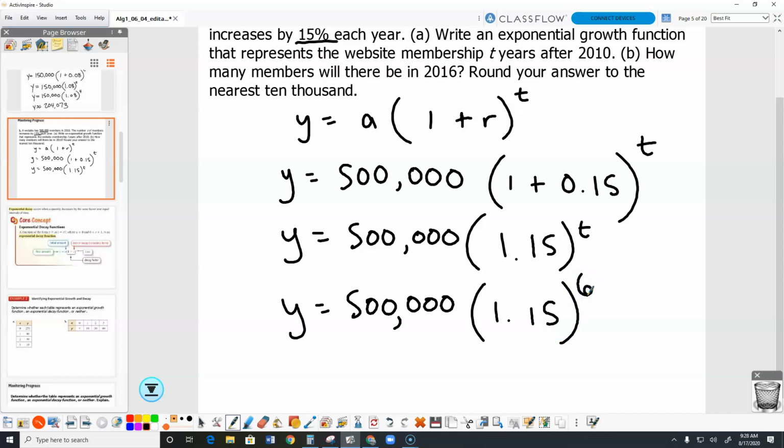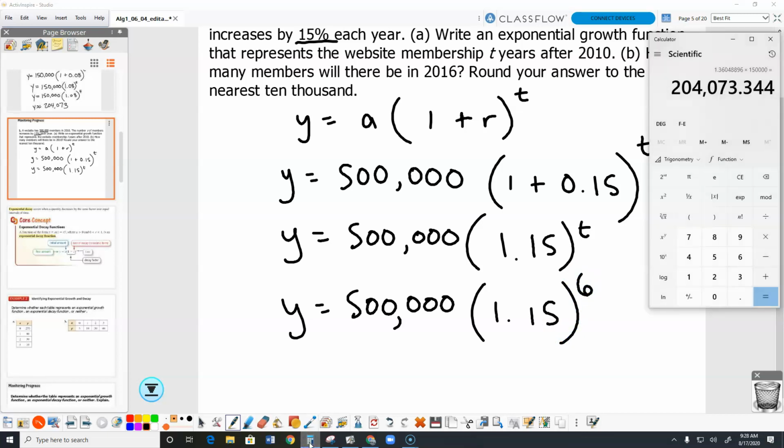Let's take out a calculator and let's put in 1.15 to the power of 6 equals 2.313. And that number is already in my calculator, so let me multiply that by 500,000. And I get about 1,156,000.